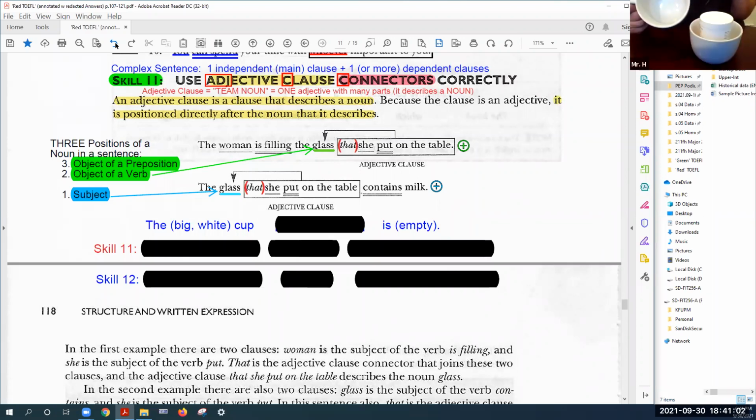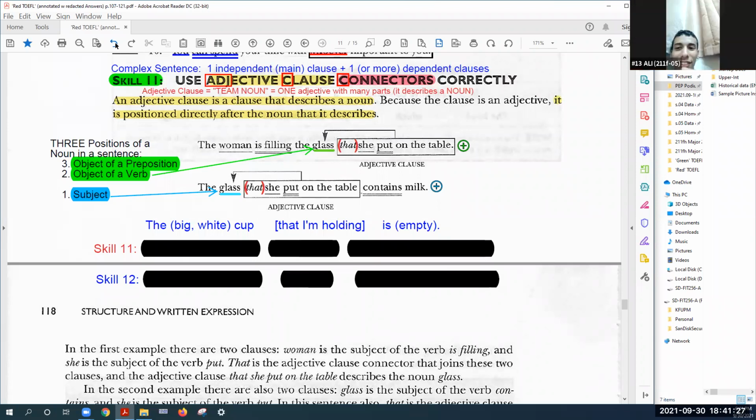You're almost exactly right. The big white cup. Can anybody help? The big white cup that you are carrying, but not carrying, holding. Holding. Can you see that?